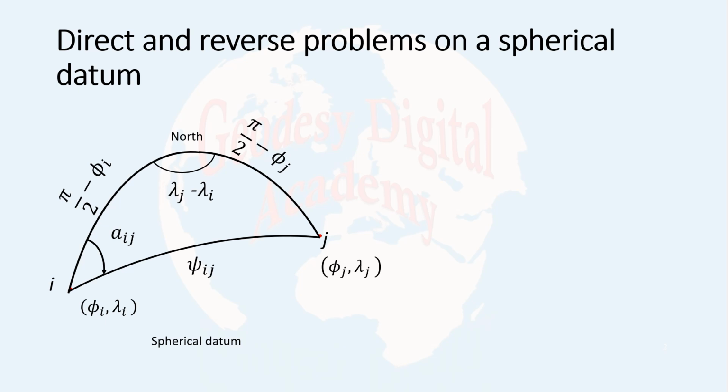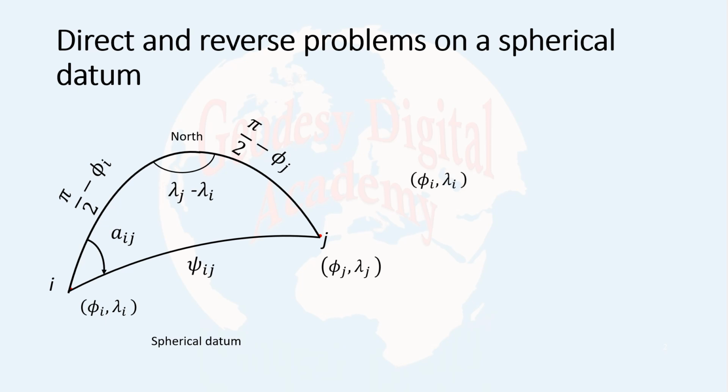Hello and welcome back. Direct and indirect problems on a spherical datum is very similar to what we explained for the planar datum. But the difference is that here we use a spherical triangle instead of the planar triangle.